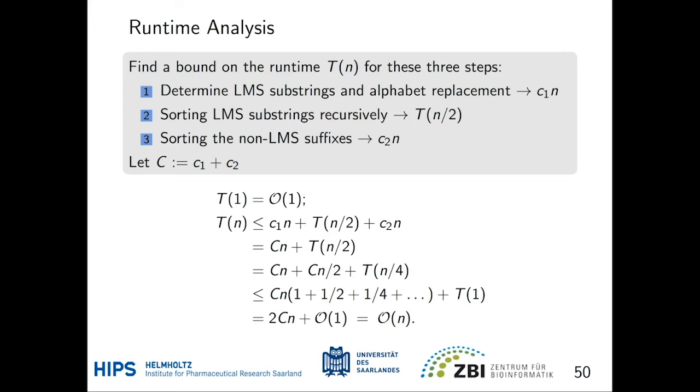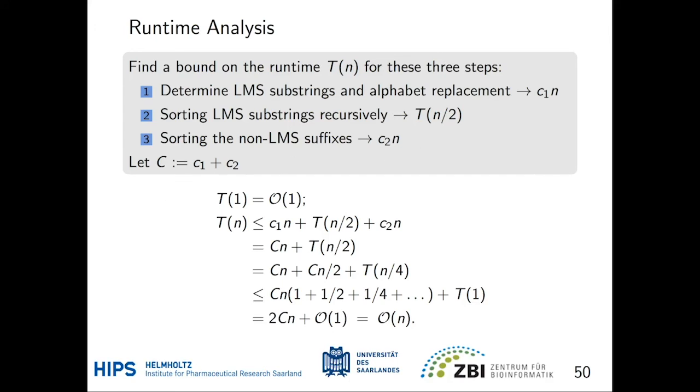Then to sort LMS substrings recursively, we just need to apply the same estimate that we make for the text that is only half of the length of the original text. So we will see how these recursive steps will sum up. And then sorting of non-LMS suffixes, as we have seen in the previous part, also takes linear time.